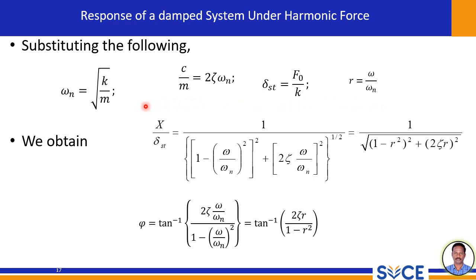Substituting all these expressions for the magnification factor, we will get this solution. Now, using the frequency ratio R, we can further simplify the response of the system in terms of R. Similarly, the phase angle also will be in terms of psi and R. This is the formula to represent the phase angle between the forced harmonic signal and the response of the system.